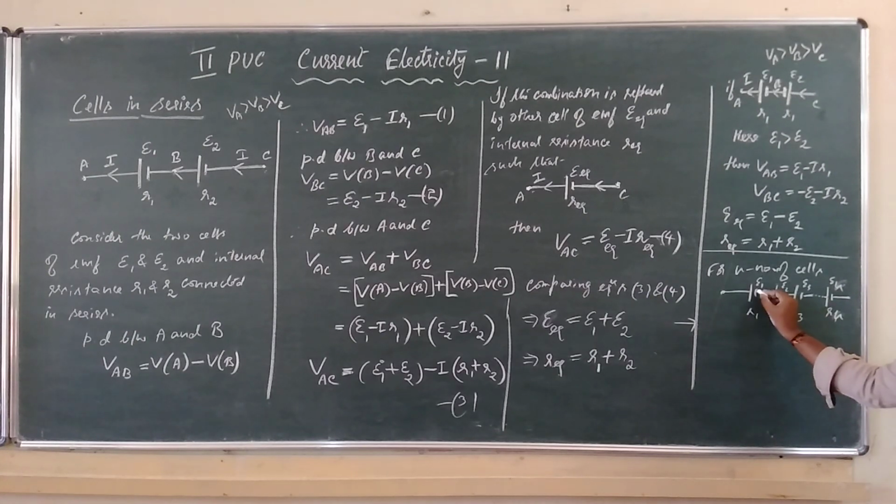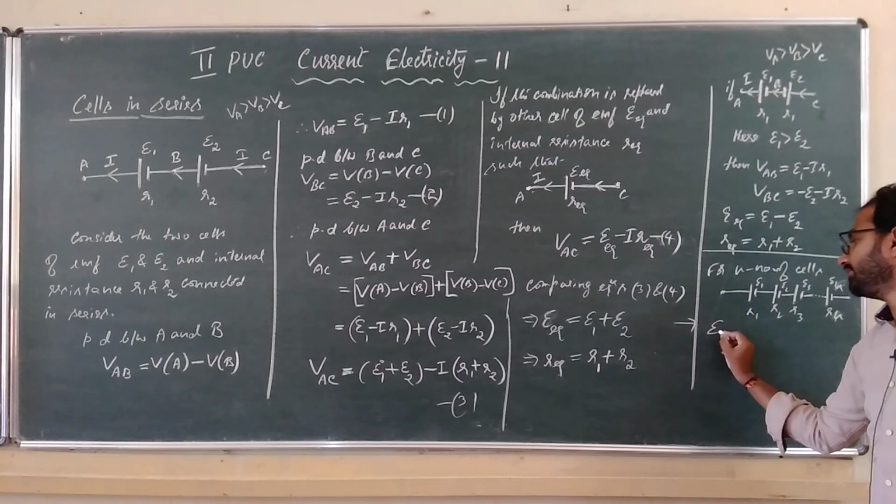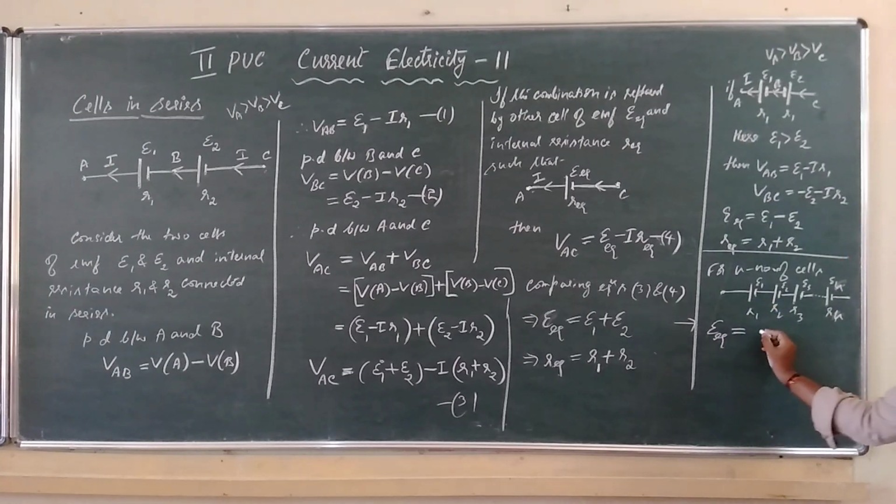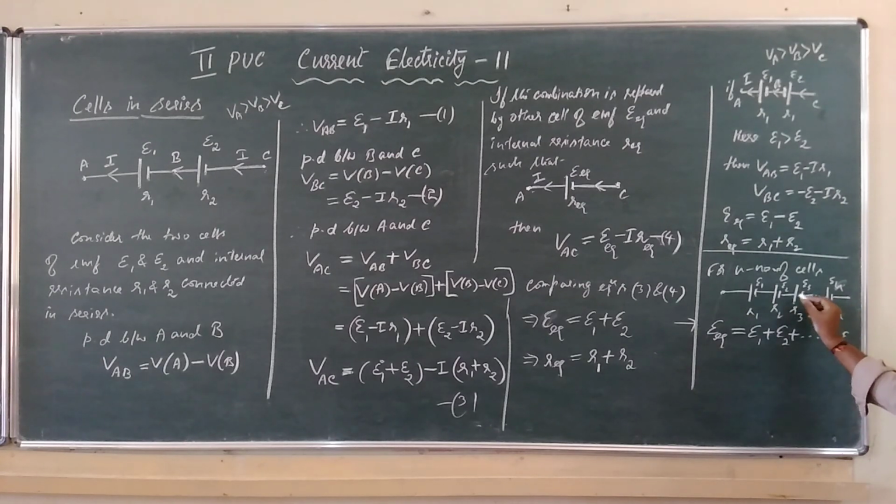If the negative terminal of one cell is connected to the positive terminal of the other, then the equivalent EMF of the series combination is E1 plus E2 plus E3 up to En. If the negative terminal of any cell is connected to the negative terminal of the other cell, then the EMF of that cell should be taken as negative. Say, one cell is like this, then E3 should be negative, that's all.